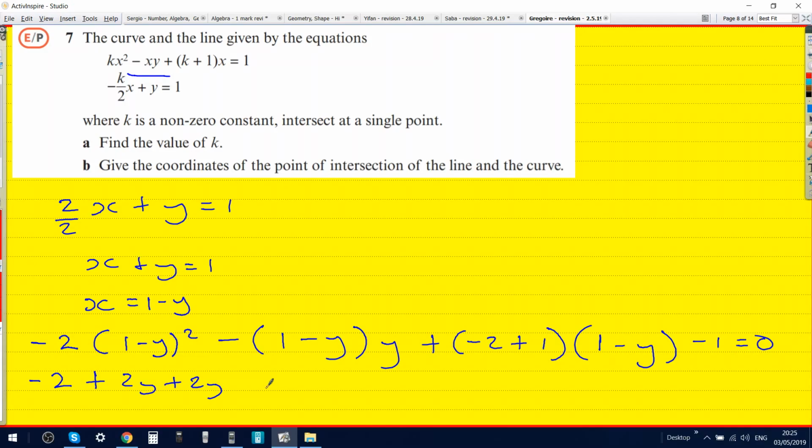What is minus y squared? Minus y squared plus y squared. And so when you expand it by minus 2? Minus 2y squared. Yeah, I think you said plus 2y squared.